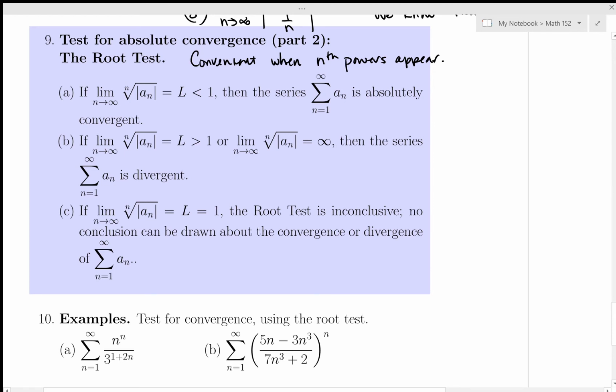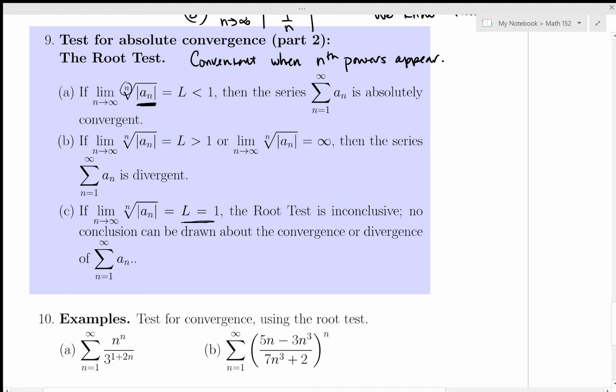So what we do is we take the limit as n goes to infinity of the nth root of the absolute value of the method that we're having for computing the terms. And we get a limit, and that limit might be less than 1. If that's the case, it's absolutely convergent. If it's greater than 1, it's divergent. And if it's equal to 1, note no conclusion.